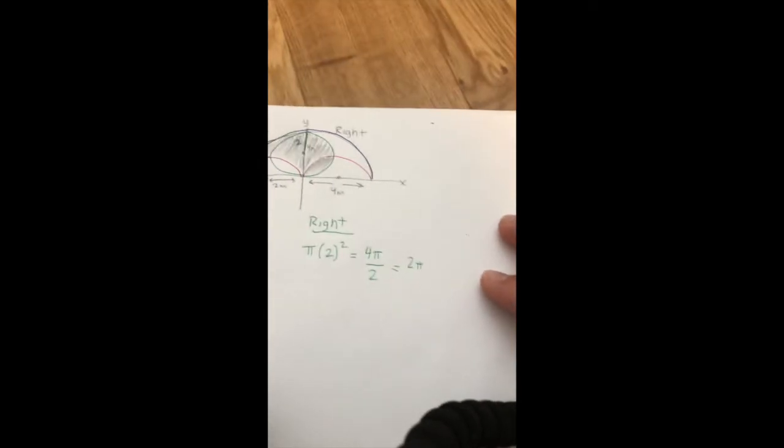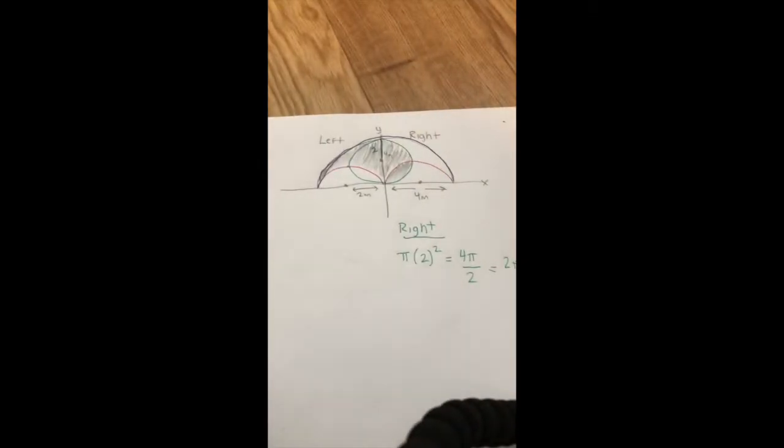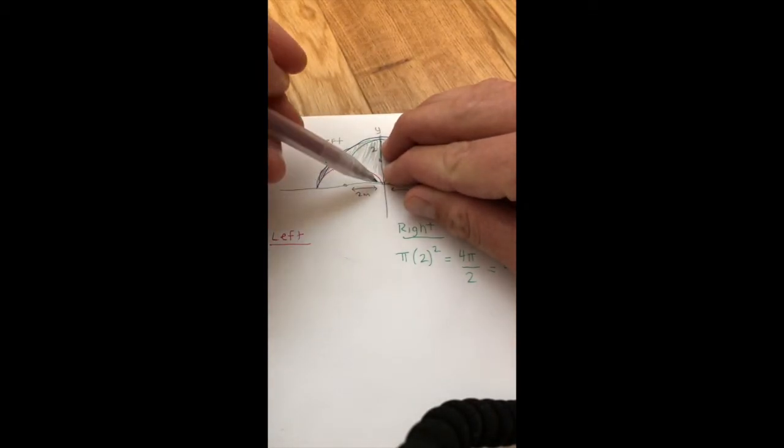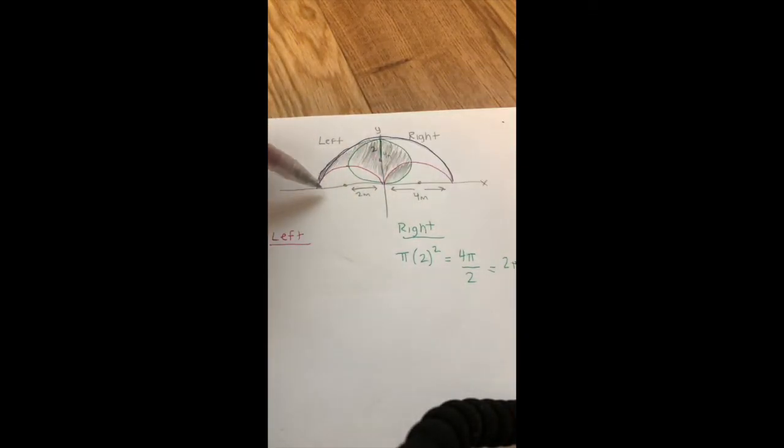Now, let's use a different color, but we'll go to the left side. The left side, this might take a little bit more thought. There's a lot going on. But what is the left side? It's a quarter of the blue circle. The blue circle would continue.